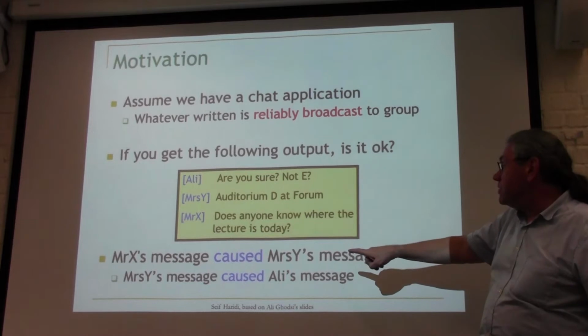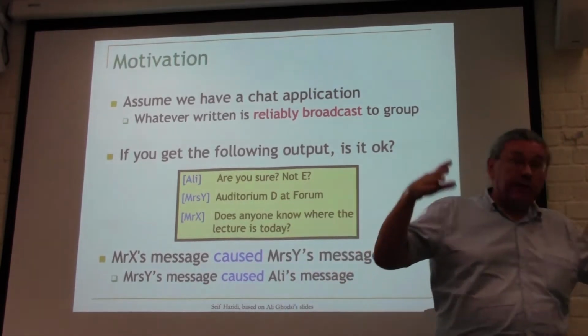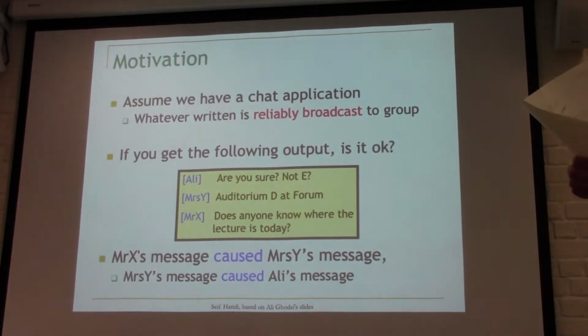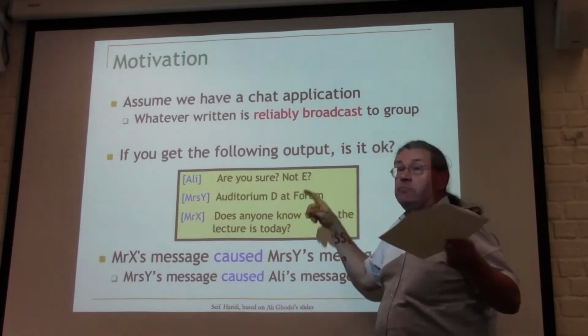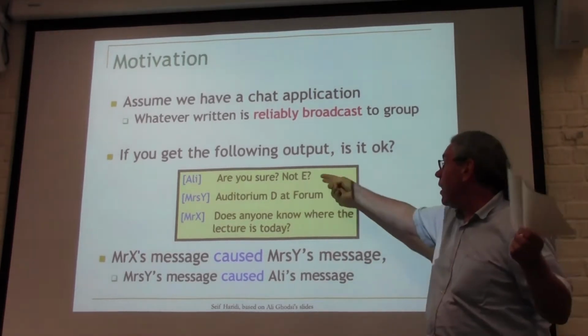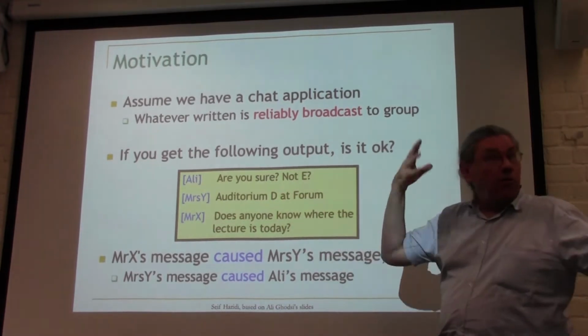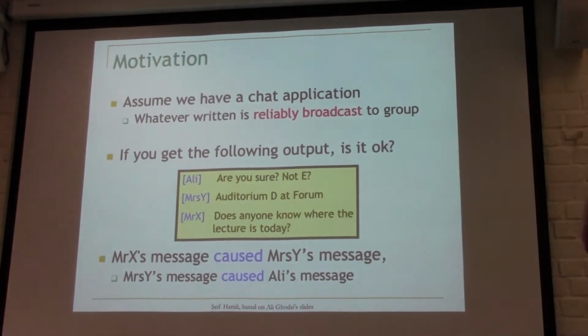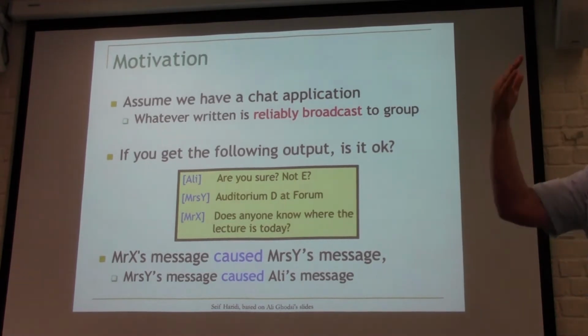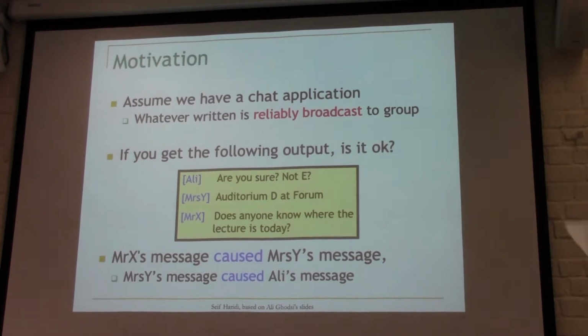For example, the Mr. X broadcast might be very slow, and the Ali broadcast might be very fast. So the reply from Ali might come before Mr. X. No guarantee. So reliable broadcast does not guarantee anything between the different broadcasts. There's no connection between the broadcasts.